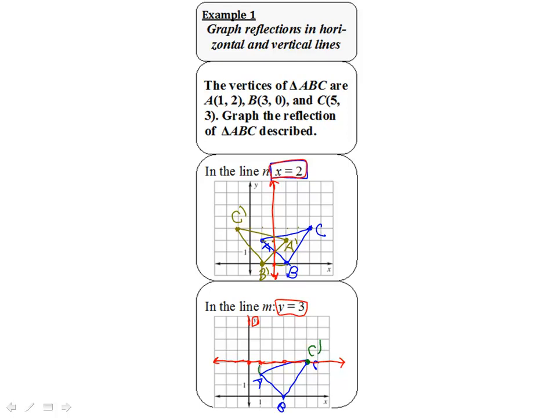A is 1 away, so 1 away in the other direction would be right here. There's A prime. B is 1, 2, 3 away from the middle, so 1, 2, 3 in the other direction, right here. That's B prime. So this blue one is my pre-image, and the green one is my image after a reflection over the line y equals 3. If it's just a reflection over x equals some number or y equals some number, we easily just count how far we're going to make our movement.